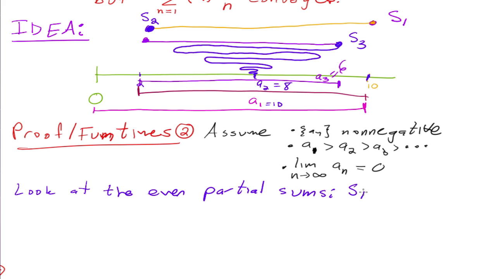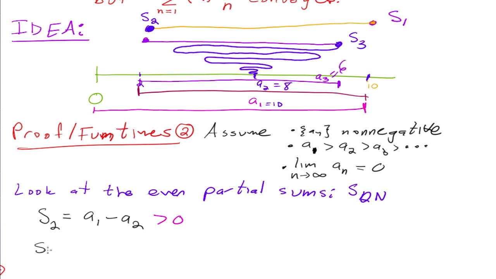So S sub 2n. So S sub 2, S sub 4, S sub 6, and so on and so forth. Okay, so let's take a look. So let's just start writing these down. S sub 2 is equal to A1 minus A2. Yes? Okay, now since A1 is bigger than A2, then that means that S sub 2 is greater than 0. That is correct.